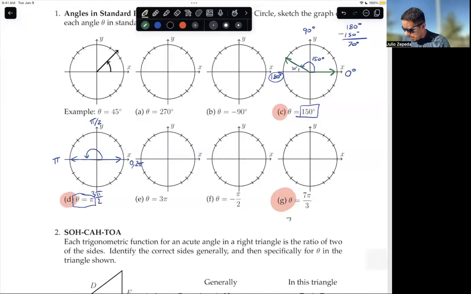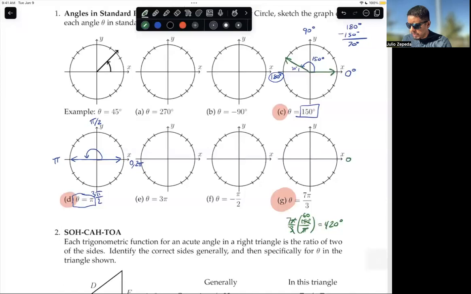So 7 pi over 3, we can multiply by 180 degrees over pi, and the pi's will cancel. 3 goes into 180 60 times, and then 7 times 60 is 420. So this is 420 degrees. So how do we graph 420?